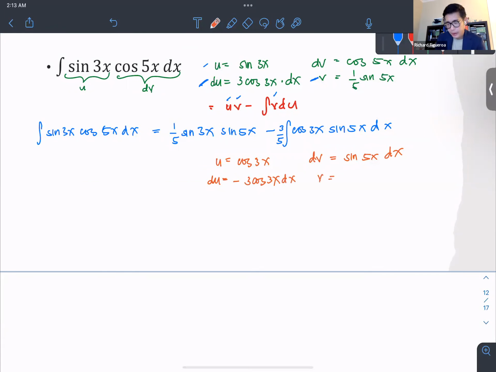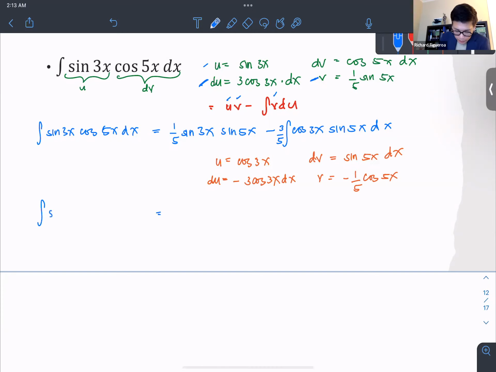For v, the integral of sine is negative cosine, so negative cosine of 5x, and the neutralizing factor will be 1/5. So now we apply the same formula.